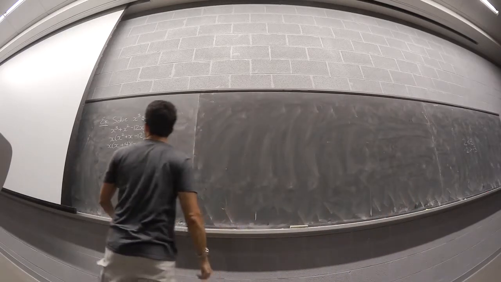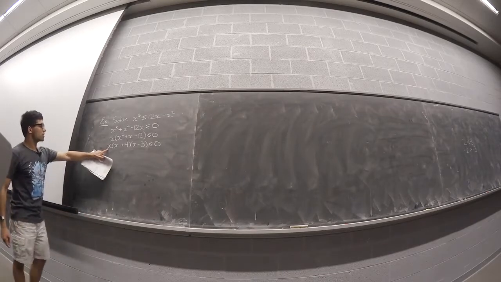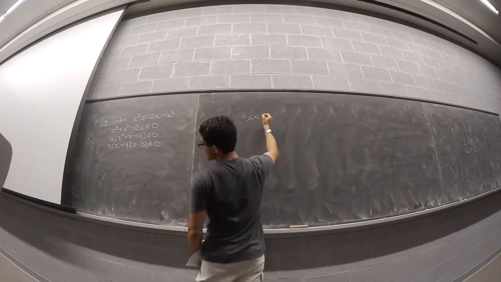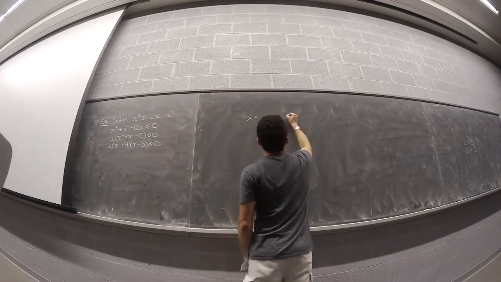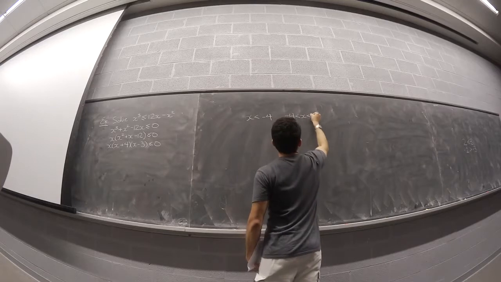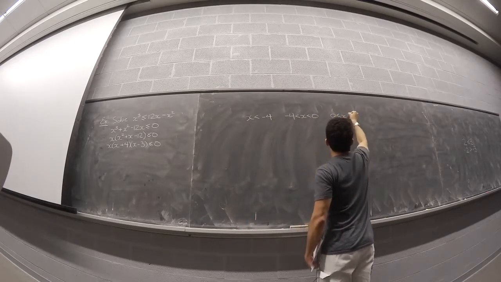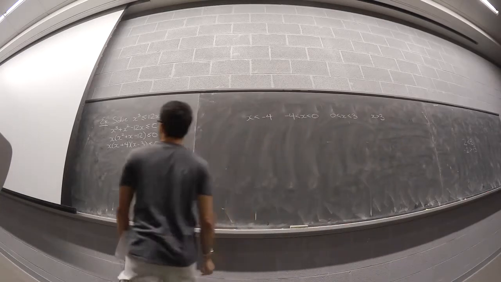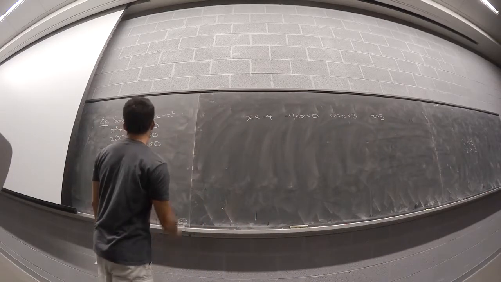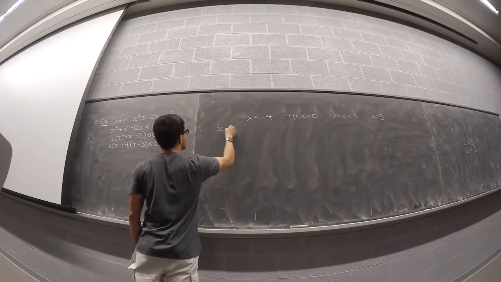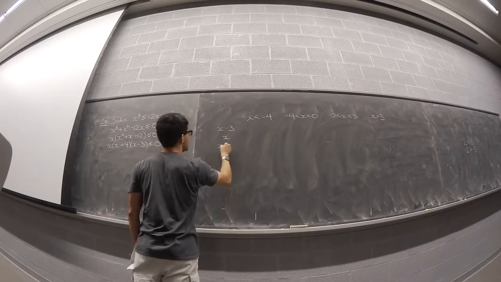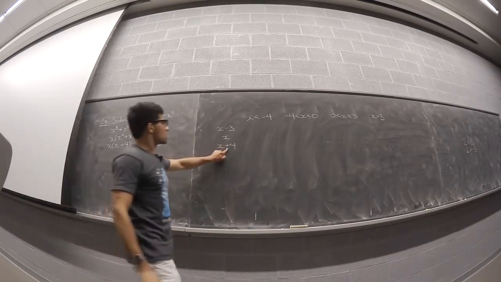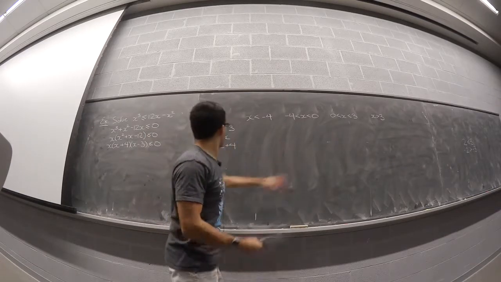Okay, so what do we got? What are the zeros of this guy? 0, -4, and 3. Okay, so this guy becomes positive here.